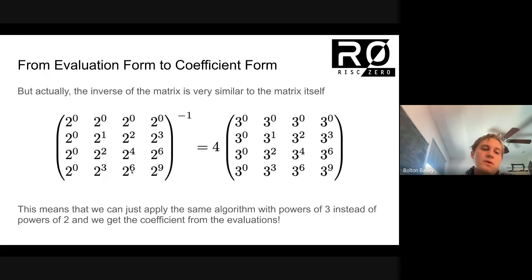And so basically the rule is it has to be some element where each column is just increasing powers of that element, where the power always increases by a fixed amount. So if I look at this column, the power goes from 0 to 2 to 4 to 6. And 0, 2, 4, 6, that's a linear progression. And the same thing is true with this last row here. It goes 0, 3, 6, 9, and that's a linear progression.